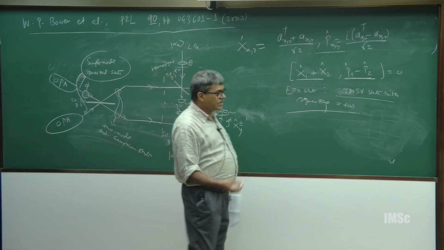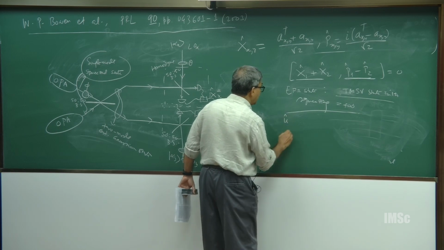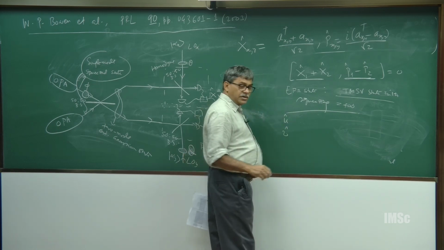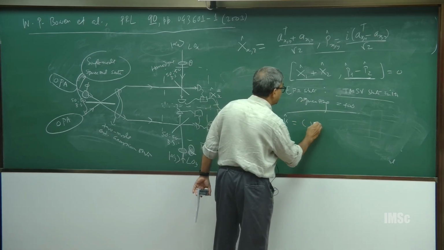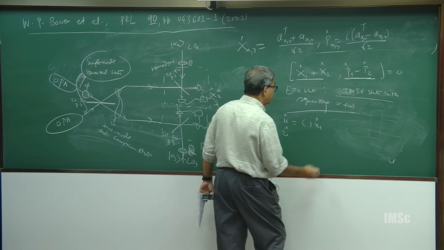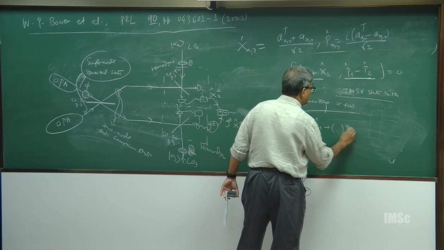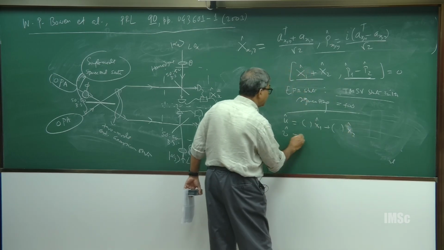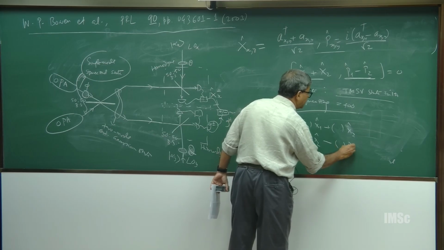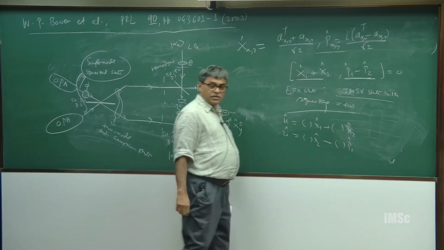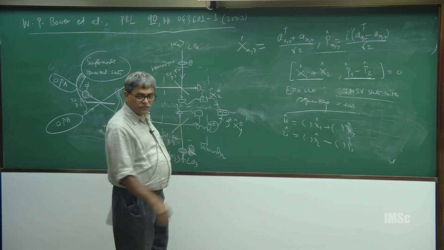If you look at the variables that we introduced, these u and v, u is something like some factor times x1 plus some factor times x2, and v is some factor times x2 minus some factor times p2, something like this. This is how we introduce u and v.